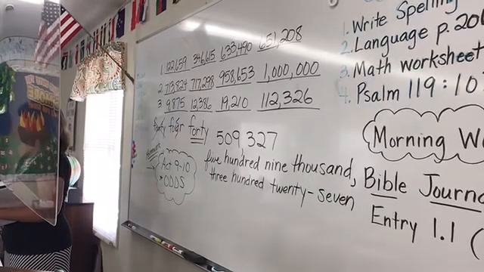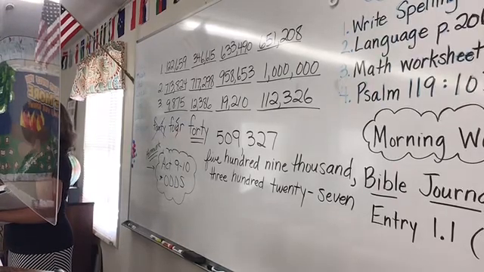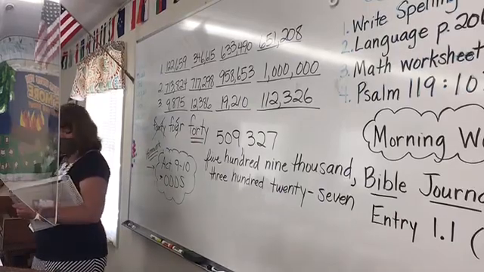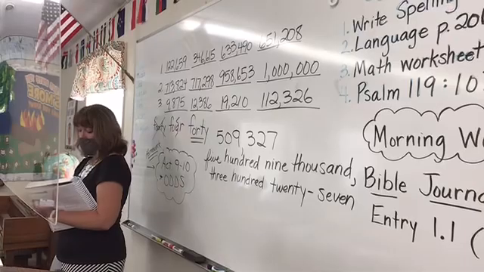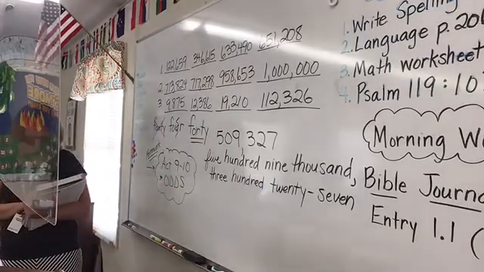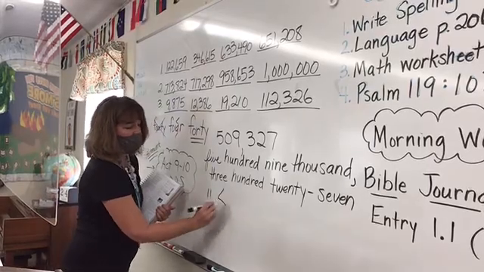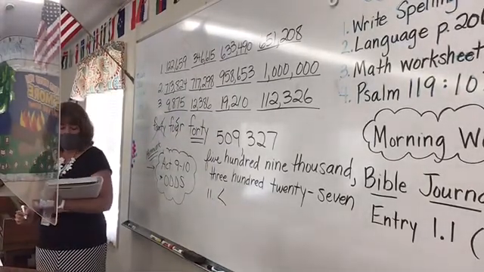Number 11. Micah, your book should be open. Autumn, your book should be open. So we're checking. Lucy? 12,081 is less than 12,809. Very good. So for number 11, you should have a less than sign. Number 12.